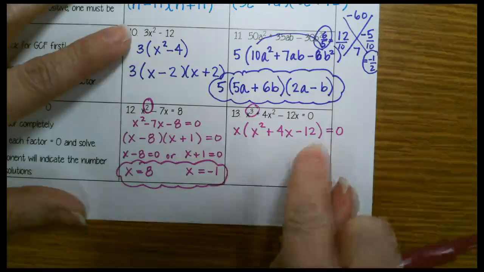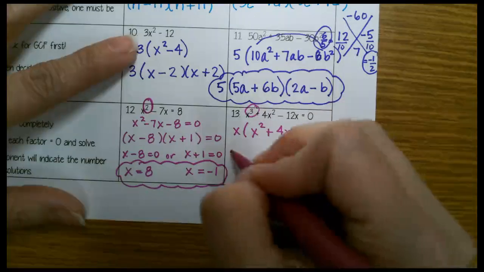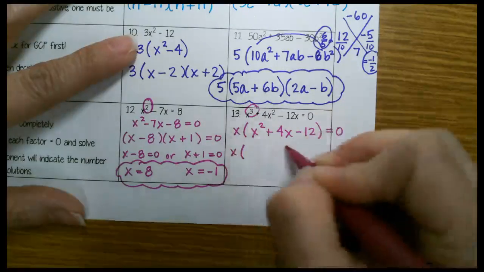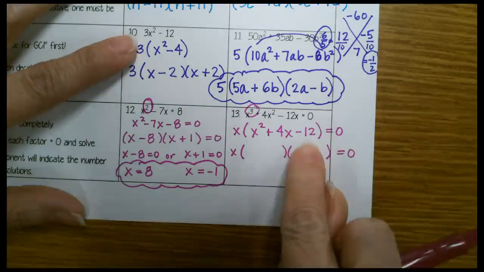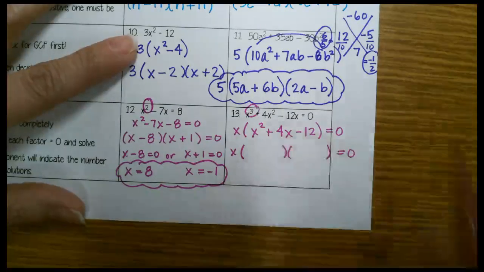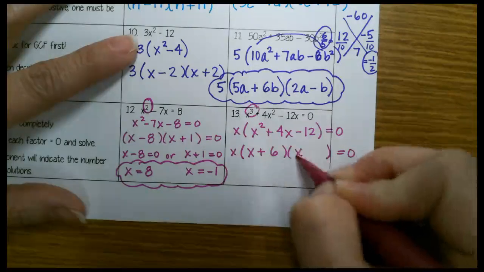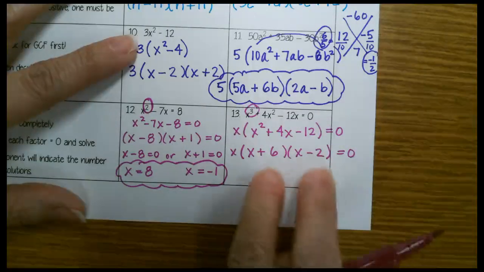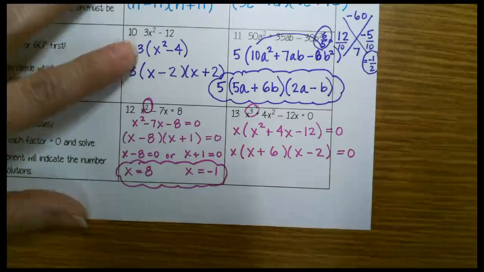This is a trinomial. I already took out the GCF, and there's not a leading coefficient. So I'm looking for numbers that will multiply to be -12, but add up to 4. If I use a +6 and a -2, I'll get a -12 when I multiply and a +4 when I add.